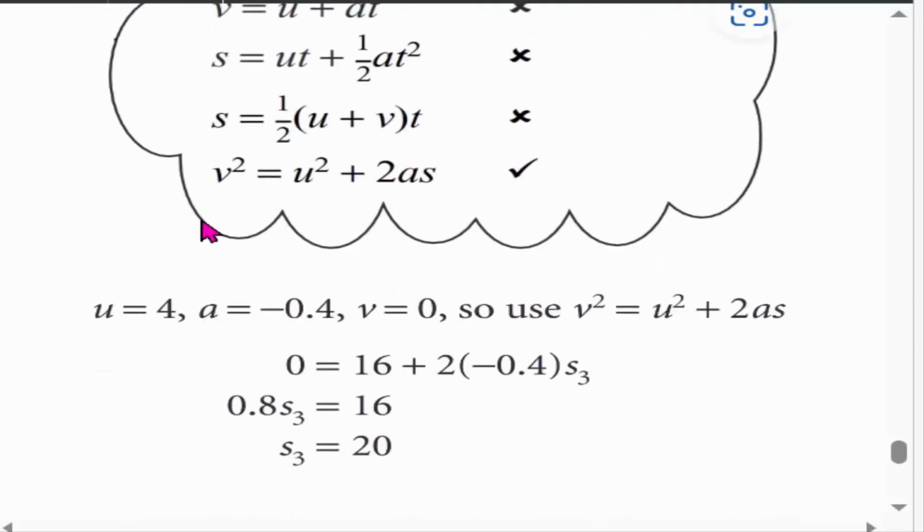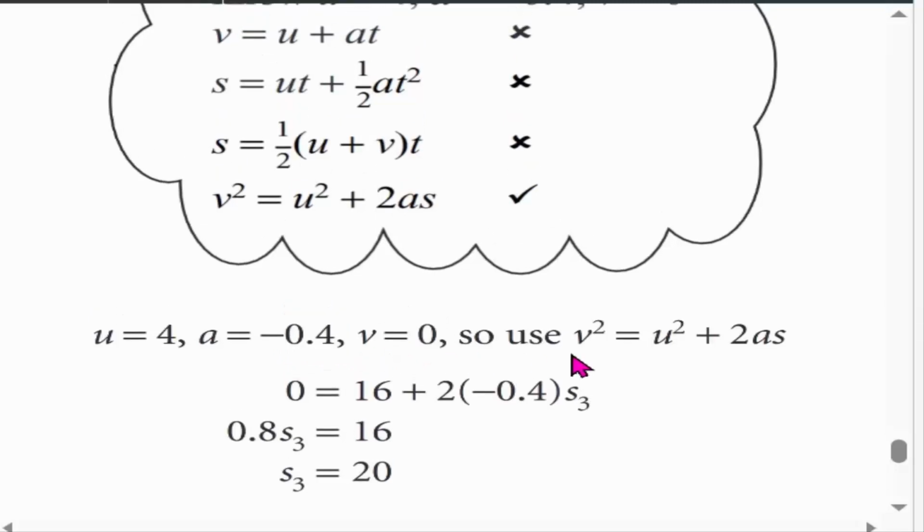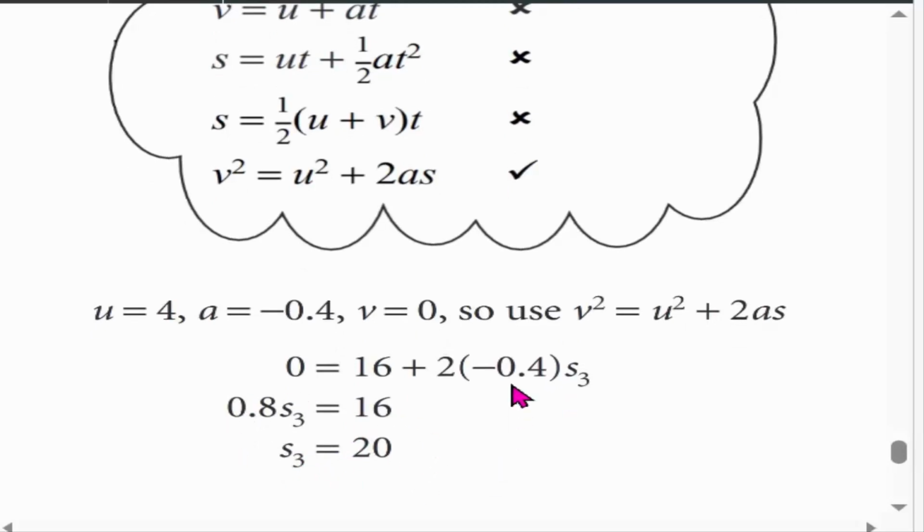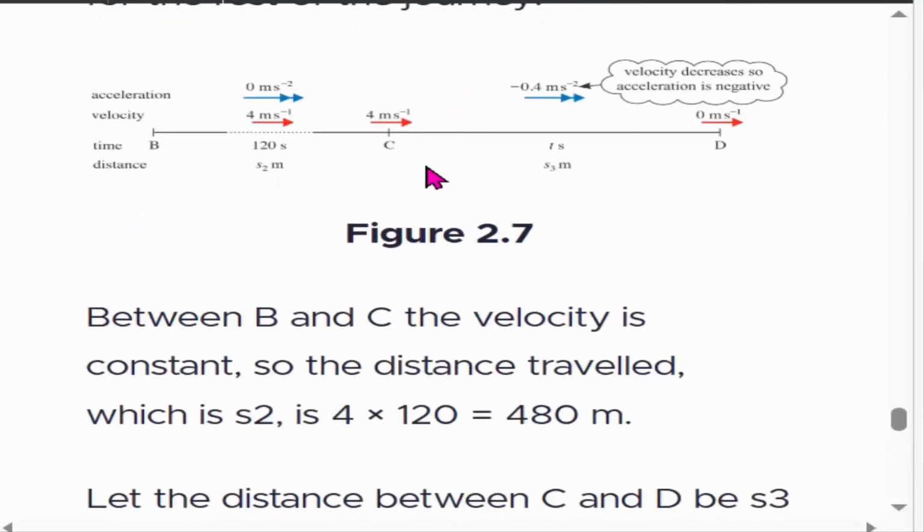So using that equation we can find the distance traveled. So u equal to 4, a equal to minus 0.4 deceleration, v equal to 0. So we use v squared equal to u squared plus 2as. We substitute the values and we can find the value of s3. So after simplification we got 20. That is the distance from C to D is 20 meters.